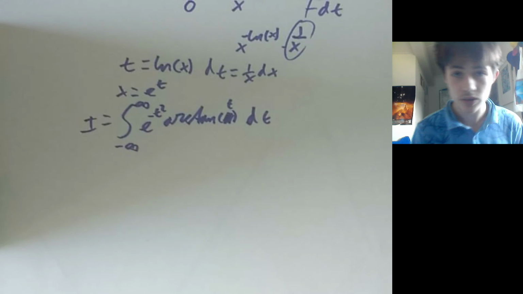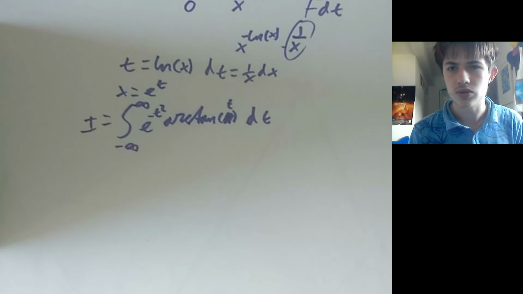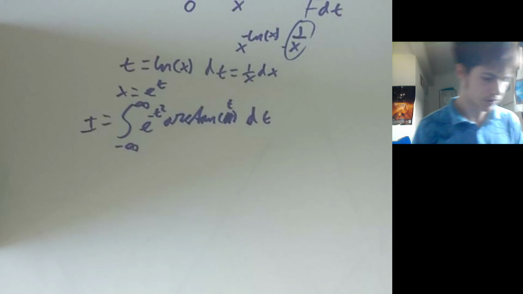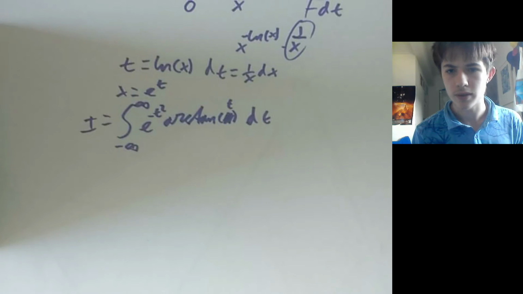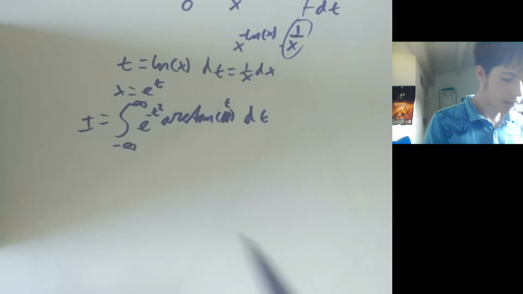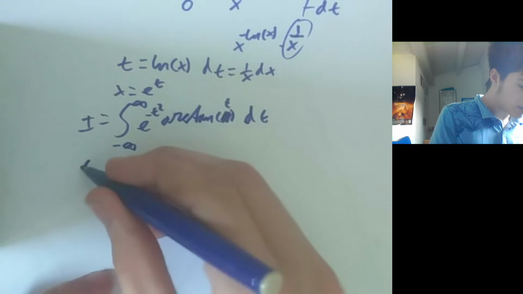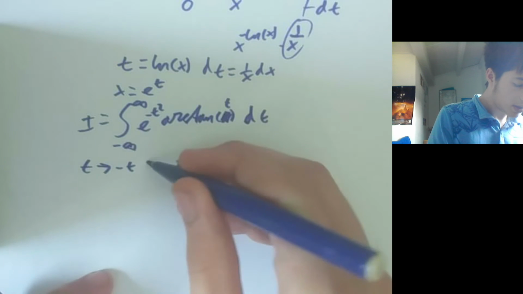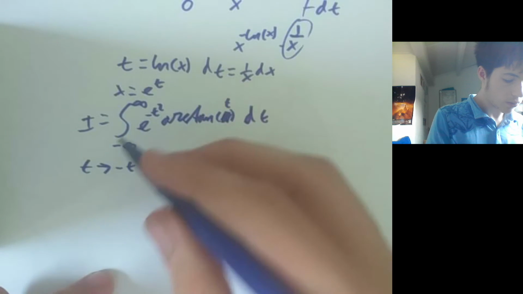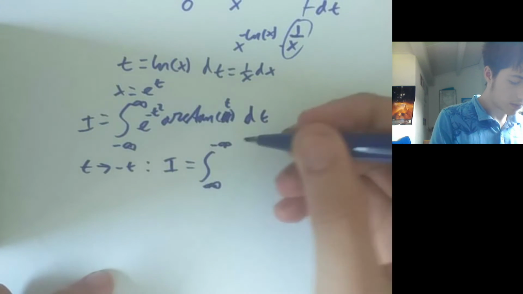Okay, so now what we're going to do is send t to negative t. You could use another variable to make this extremely rigorous, but we'll just use the same variable because we'll need it later on. So what would happen if we let t go to negative t? Our integral becomes, well, the bounds change, so we get the integral from infinity to negative infinity.